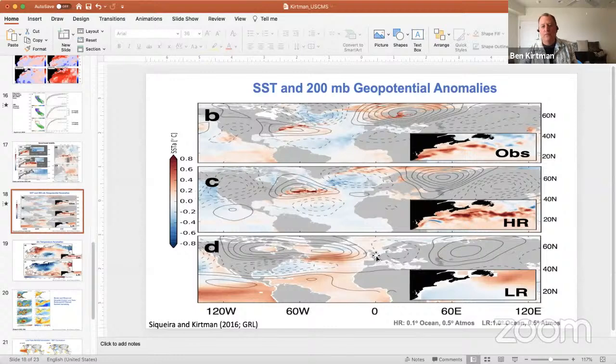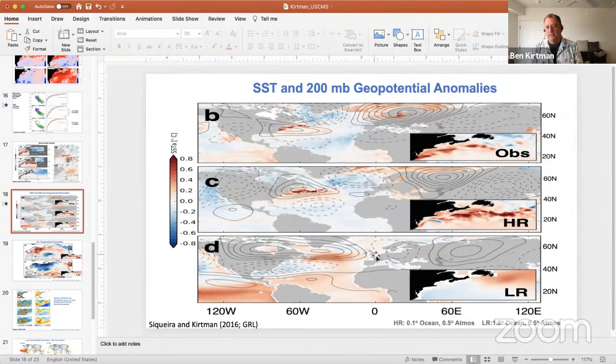What I'm showing you here in this picture is essentially a composite of times when the observed SST in the top panel and one labeled B, the observed SST and the 200 millibar geopotential height anomalies. And so what you can see is a focused circulation response due to the Gulf Stream anomalies.